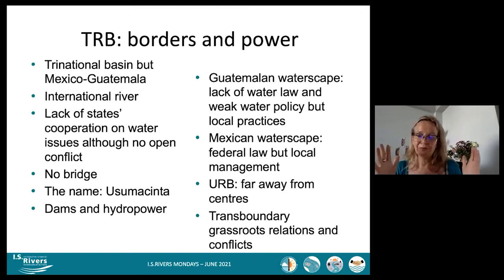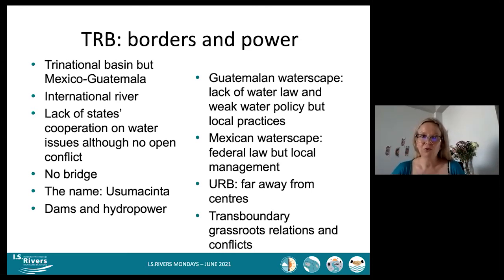Another important element in the Usumacinta waterscape is that the border between the two states determines the Guatemalan waterscape that is characterized by a certain number of political elements, and in particular, the lack of a water law, and very poorly structured water policy.